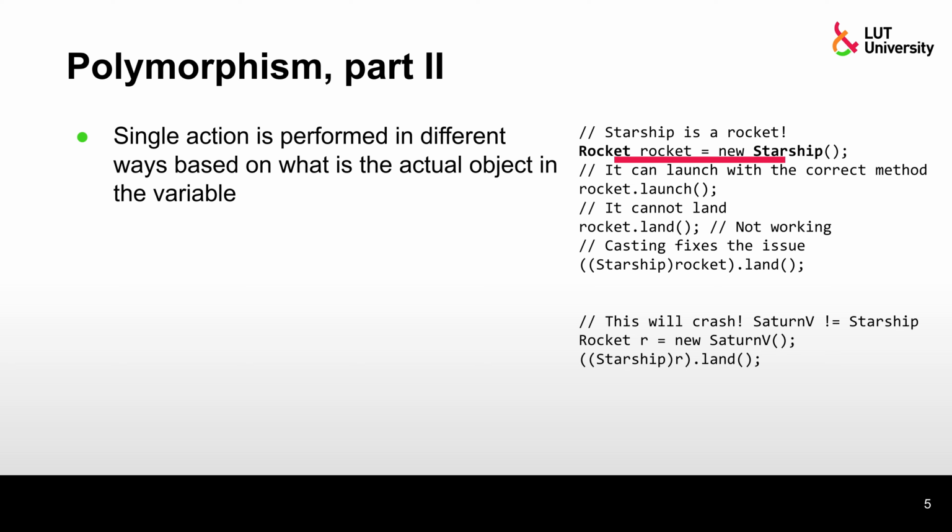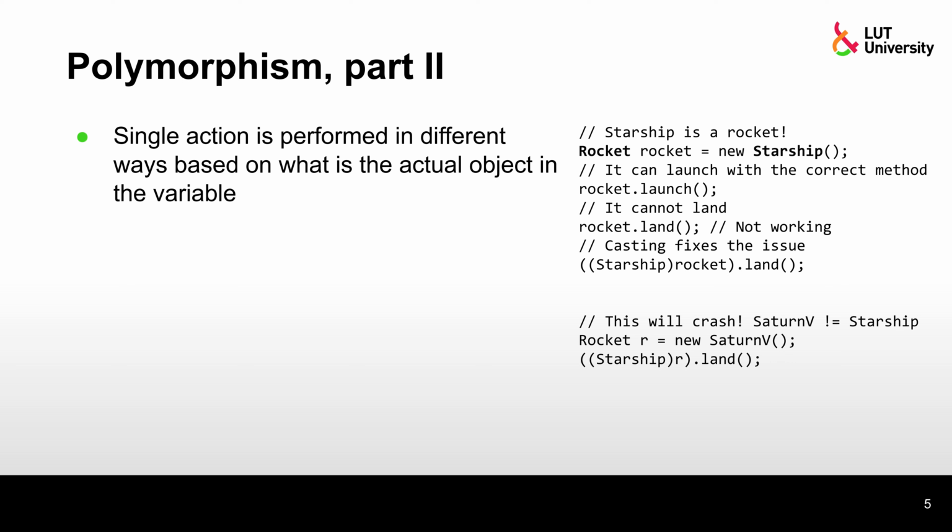That is completely fine because a starship is a rocket and then it can launch, so we can call rocket launch. It will work. The rocket will launch because the rocket class has this launch method, but it cannot land. So rocket land will not work because the rocket class doesn't have this landing method, but starship has.